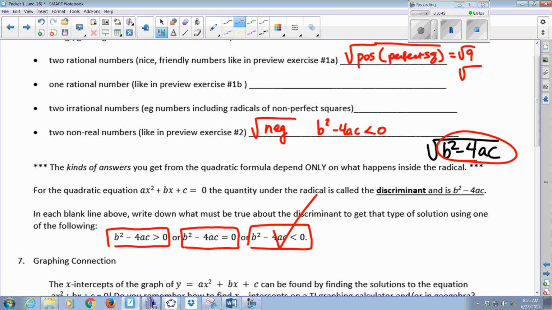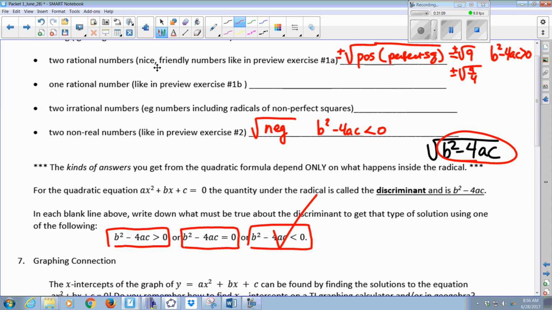Square root of 9/4 would be, of course, we know this is plus or minus in all these situations, 3/2. Again, rational numbers. So this is a situation where b squared minus 4ac is greater than 0. And you can even go a little bit further and say b squared minus 4ac is a number that's a perfect square.